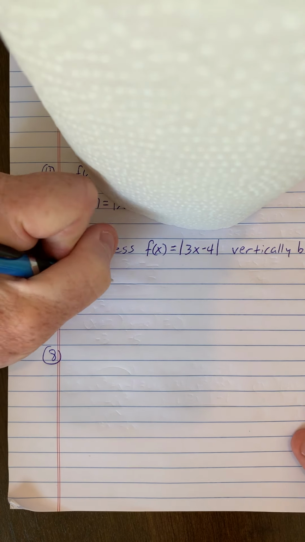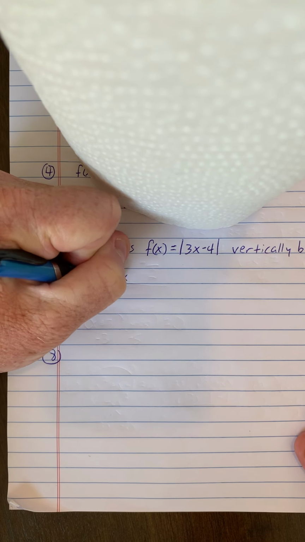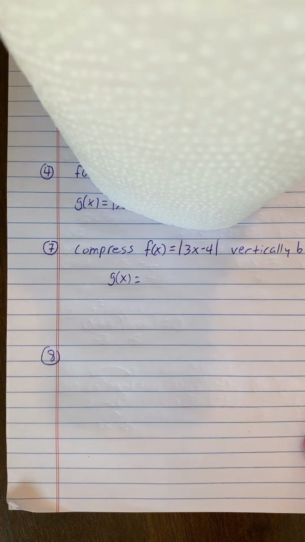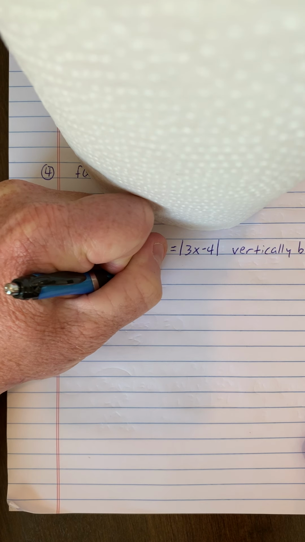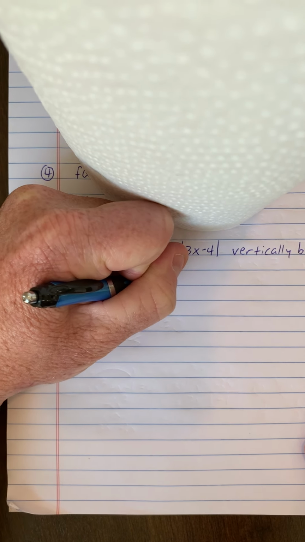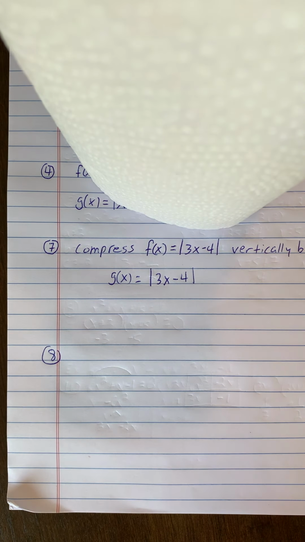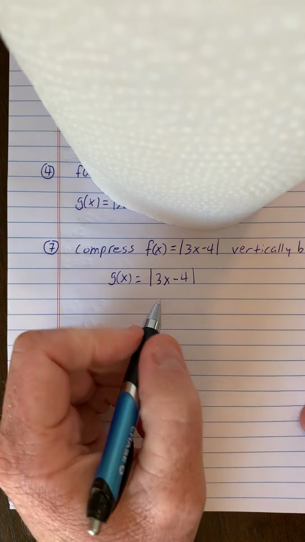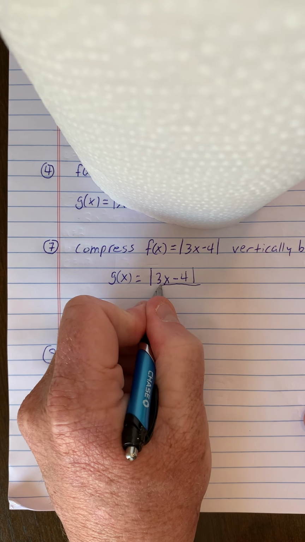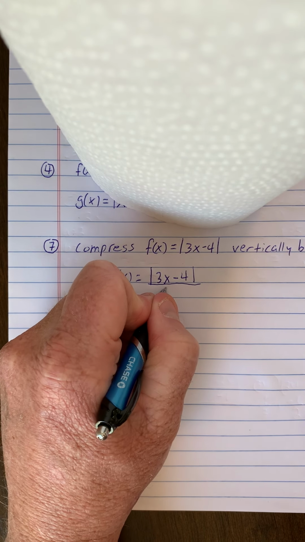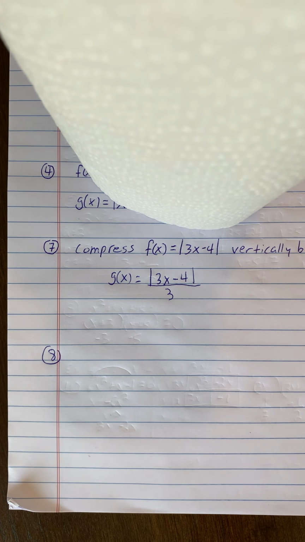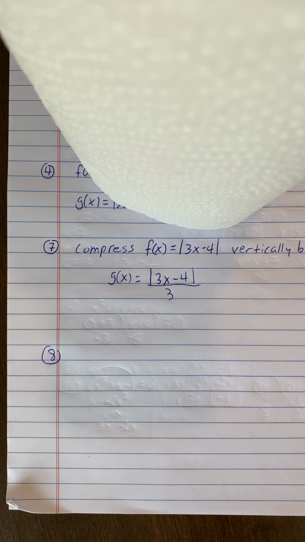So all I'll do is rewrite this as g of x equals, I'm going to leave it just like this, 3x minus 4. And to vertically compress it by 1/3, I'll just divide everybody by 3. Okay? So this is number 7, and that's what the new equation looks like. And you can leave it just like that. That's fine with me.